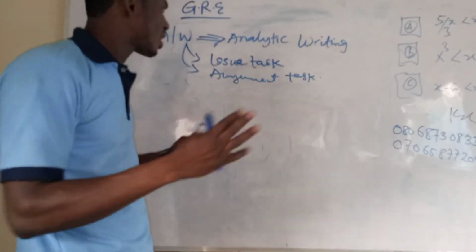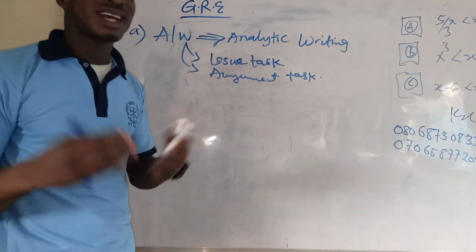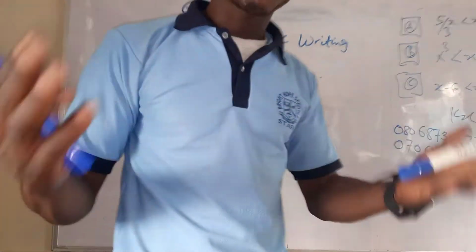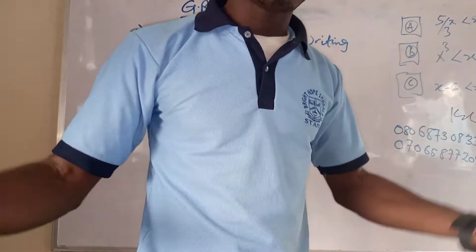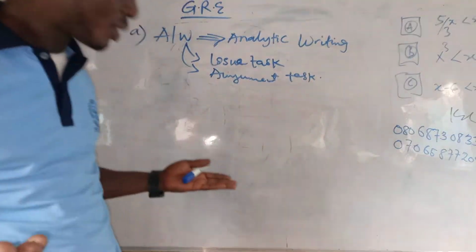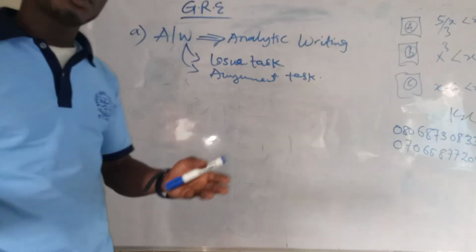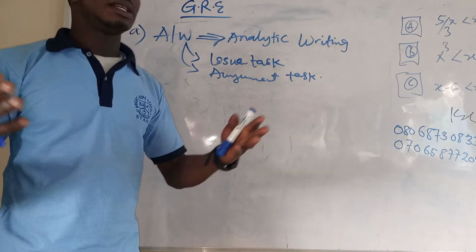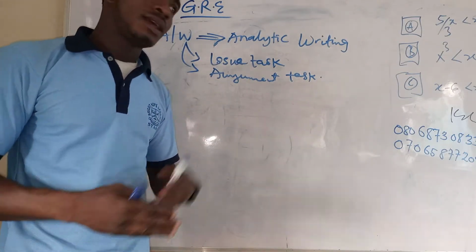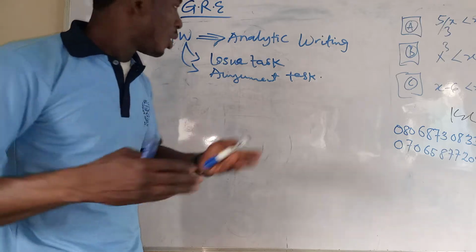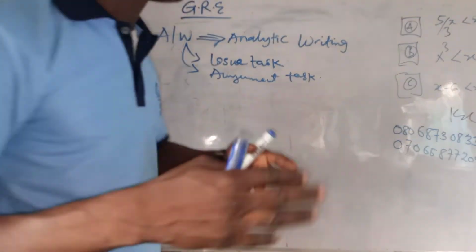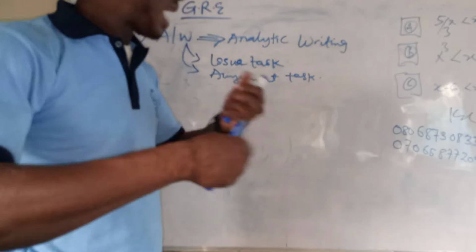Under the issue task, you are expected to develop a kind of theory on your own. You'll be given a topic to talk about, for example, how does cost or price affect the selling of a product in the market. You can be told to write on that. Again, they can ask you questions on the economy or the growth of a nation, telling you what to write. Thereby, you have to develop it based on your ability to write.